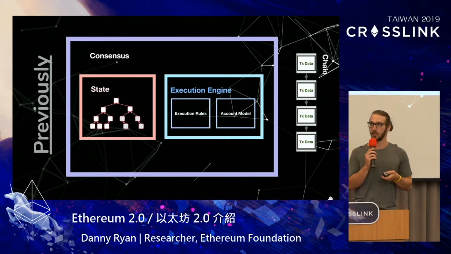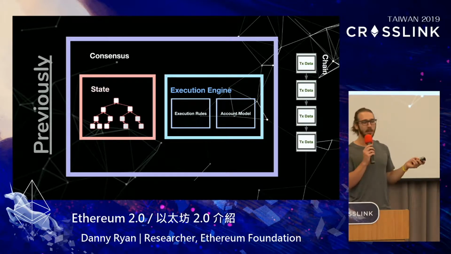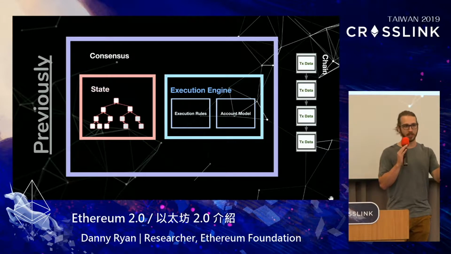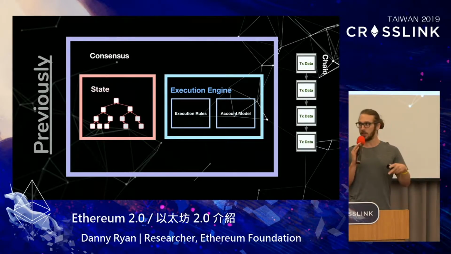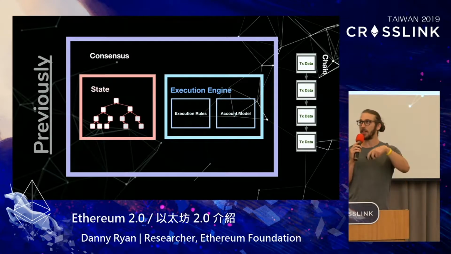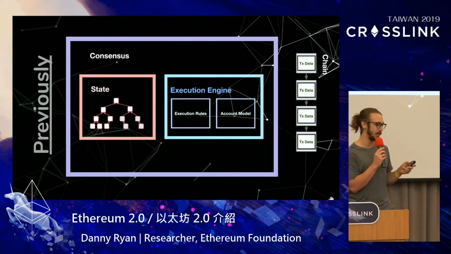So what does that actually look like? This is a glimpse into this model for Ethereum 1, where we have the state. Within the consensus, we have access to the state tree, and we have this one execution engine that has hard-coded rules about execution, transactions, and the account model and structure. And then we have the chain that just has transaction data, and we use the consensus to execute on this transaction data to modify and update state.